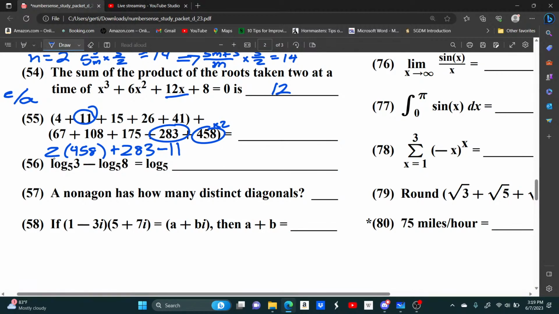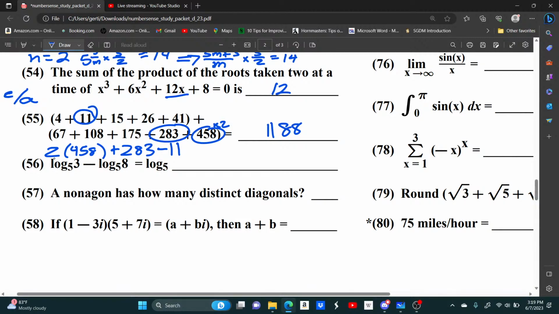So let's see, 2 times 458 is going to be 916, plus 283 should be 1199, minus 11 is just 1188. Let me double check this. Yeah, 1188, there we go.